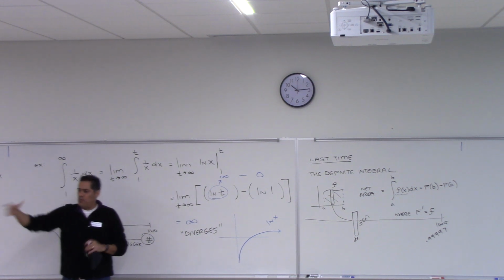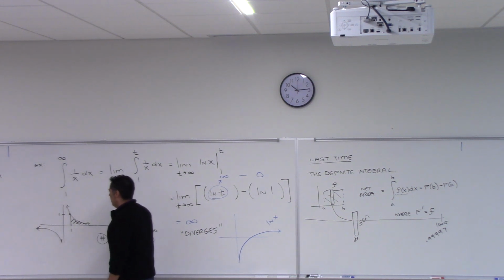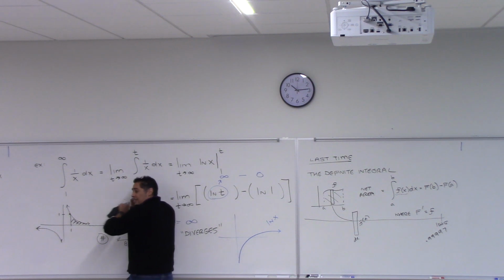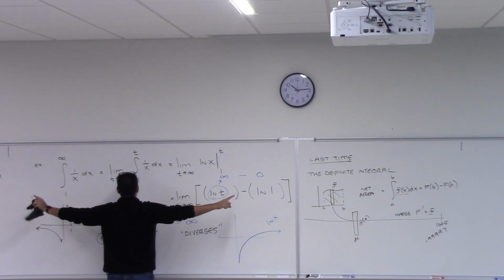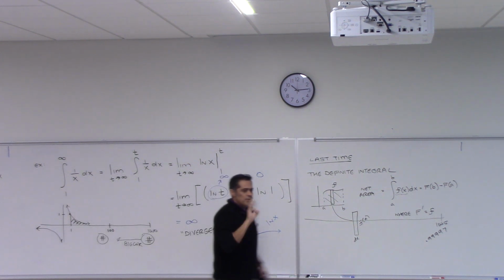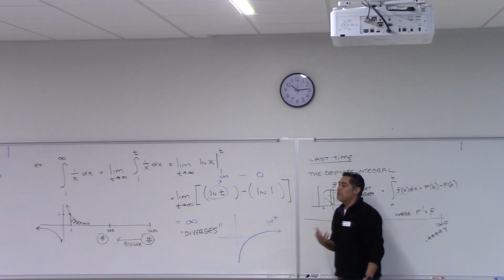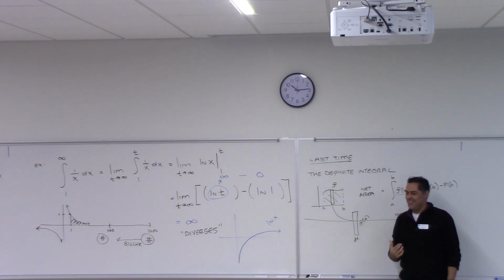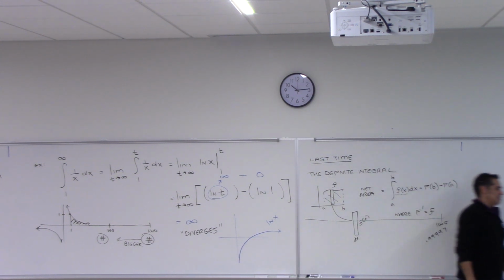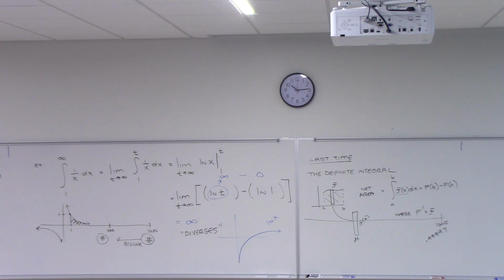The second type, which I haven't shown you an example of, would be we go from some number to the left forever. And the third one is we go in both directions forever, all right? Those are the 3 types of infinite interval integrals.